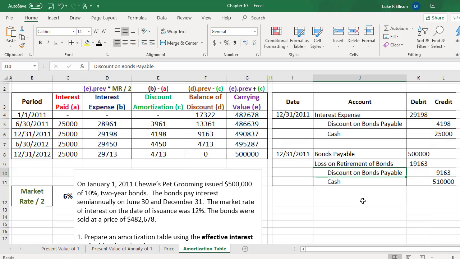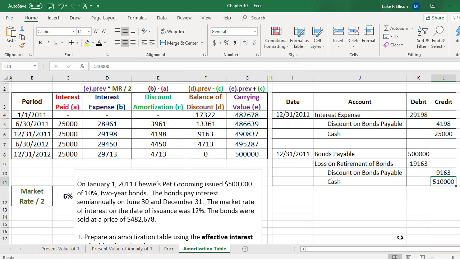Now, why is this a loss, you might ask? Well, if you had to make up the difference on the credit side, then this would have been a gain, but we needed more on the debit side, right, in order to balance out this journal entry. But thinking about this a little bit more closely, we know that we were initially supposed to pay out $500,000. Well, now we're actually ending up paying out more, $510,000.